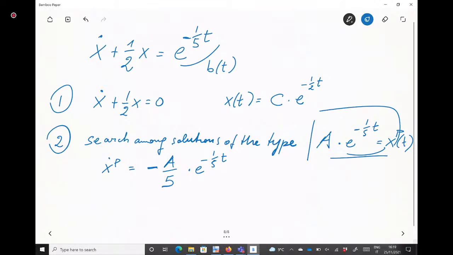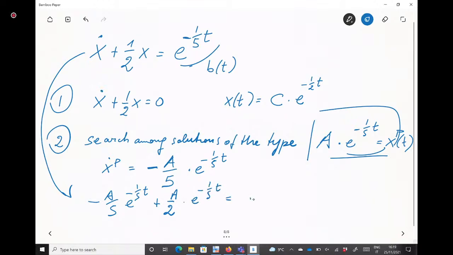So the time derivative plus 1/2 the function must be equal to exponential minus 1 over 5t. So this becomes minus A over 5 times exponential minus 1 over 5t, the time derivative, plus 1/2 that multiplies A exponential minus 1 over 5t, so plus A over 2 times exponential minus 1 over 5t.